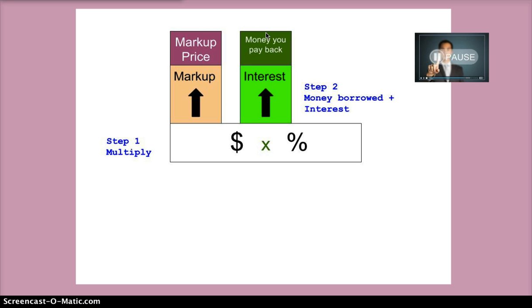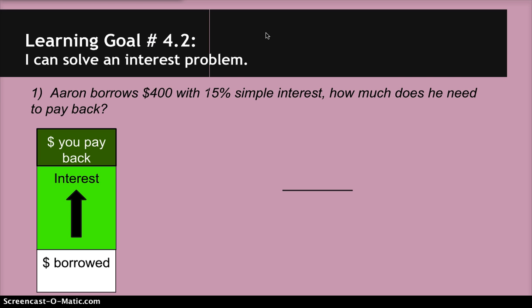Welcome back. Let's get started with our practice problems. First one says Aaron borrows $400 with 15% simple interest. How much does he need to pay back? Well, here's our diagram from the previous page, and we modified it just a bit to say that here is the money borrowed.